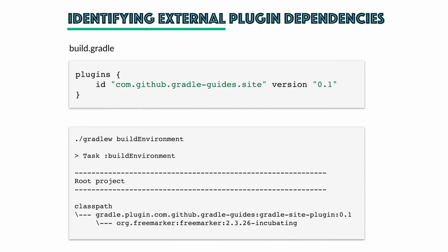That is basically the class path for your Gradle project, and it contains all the dependencies that are being pulled in by external plugins. So let's say you assign additional dependencies for your project, then you would see them as well. You can see there could be a whole graph of dependencies, and we want to be cautious about what we're actually pulling in. My general recommendation here would be to try to keep it as small as possible.